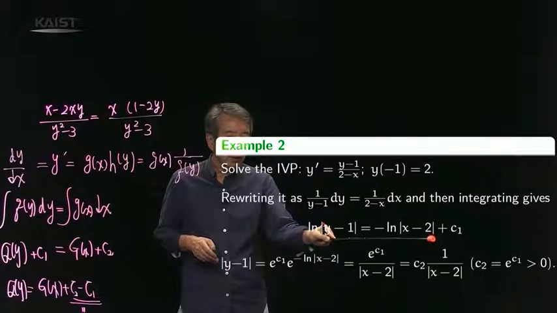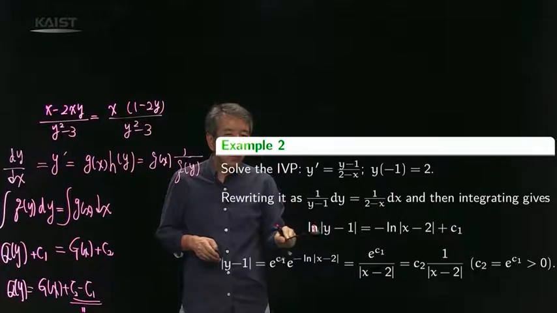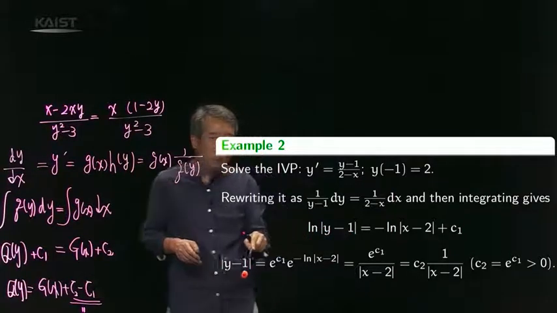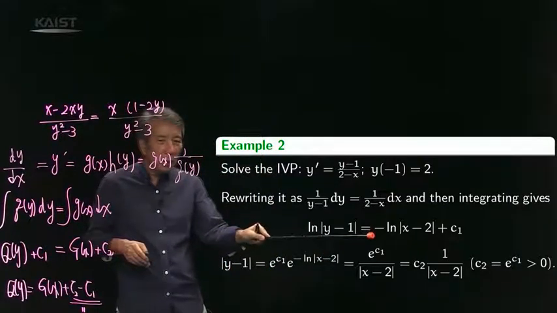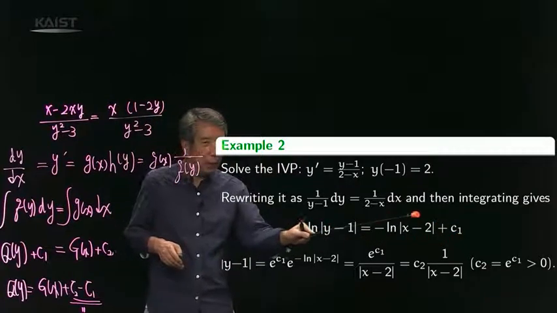Then you need to add one integral constant, say c sub 1. Then, solving this equation for the absolute value of y minus 1, you will get the absolute value of y minus 1 is equal to e to the this expression.